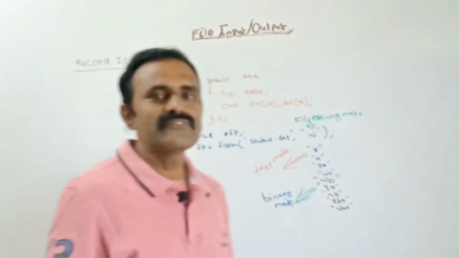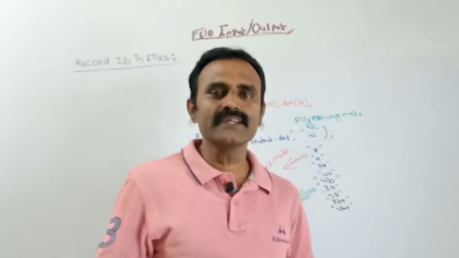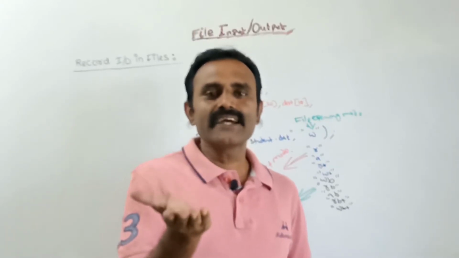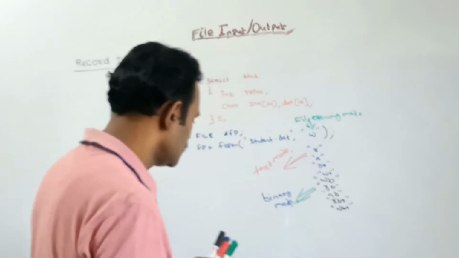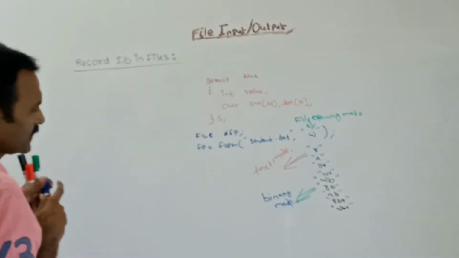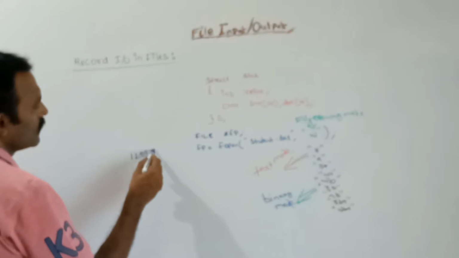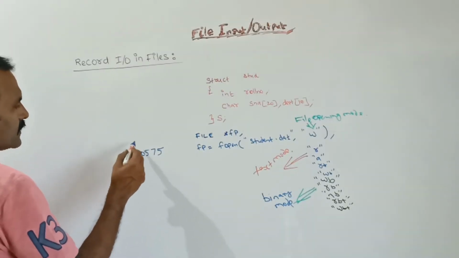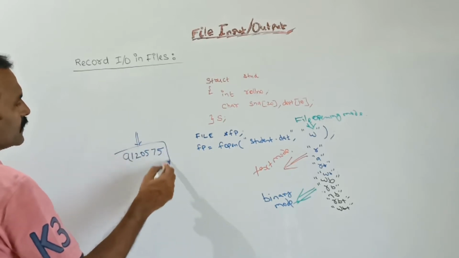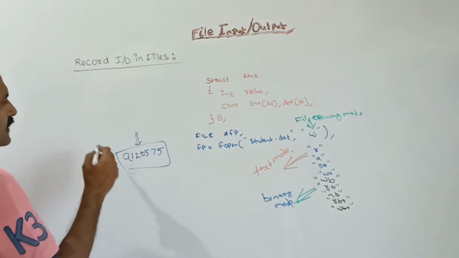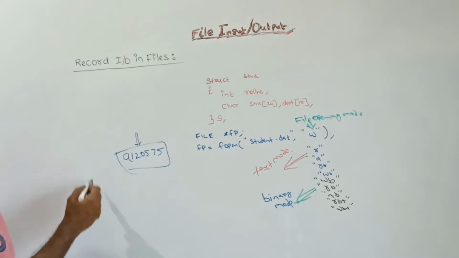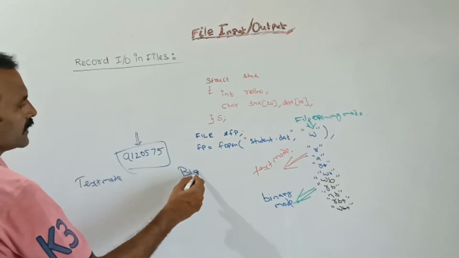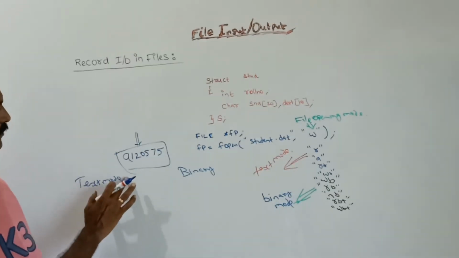While storing the file, if you are storing in binary mode, then we can save memory. For example, if you are writing some content and storing this content to a file, let us see the difference between these two modes, text and binary.